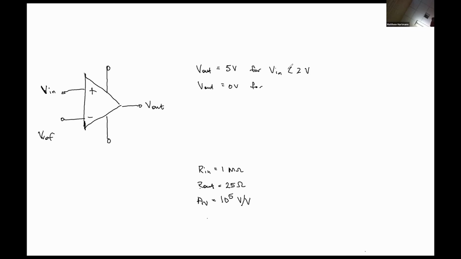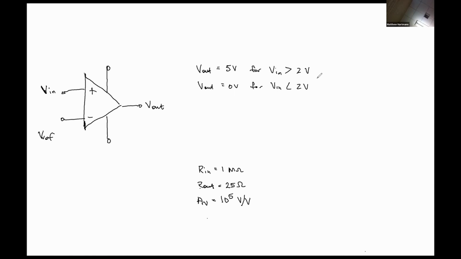Sorry, Vn greater than 2 volts. Dang it. Driving me insane. Silly tablet. For Vn less than 2 volts. So these are my design constraints.